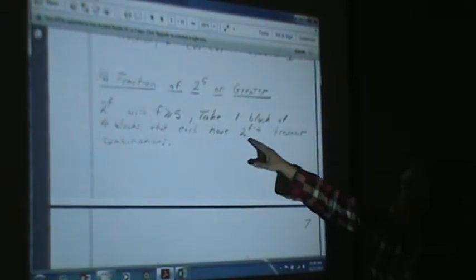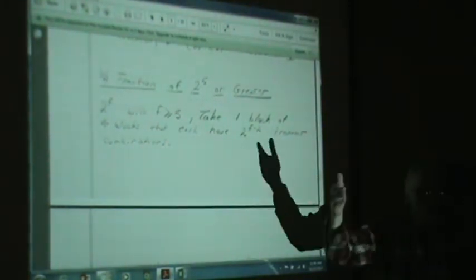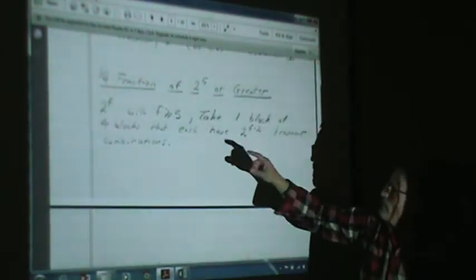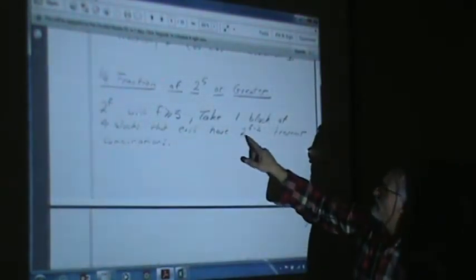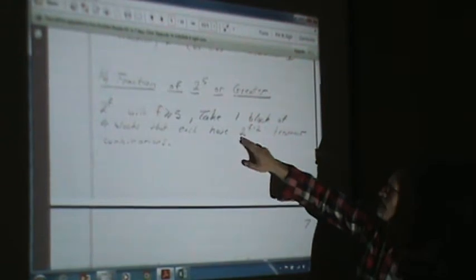We get all the treatments in 4 blocks, so 4 is 2 squared. Example 9.3 is a quarter fraction, 1 block of a 2 to the 5th factorial experiment.